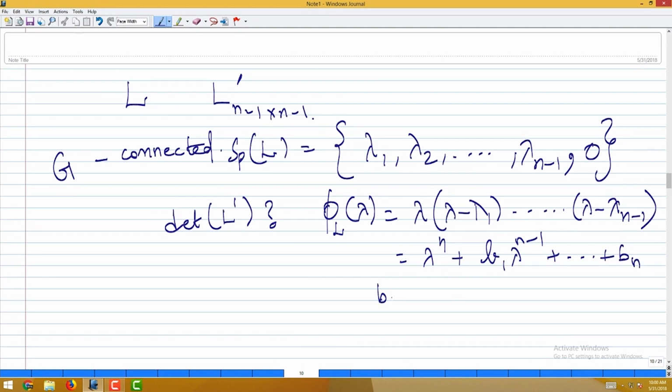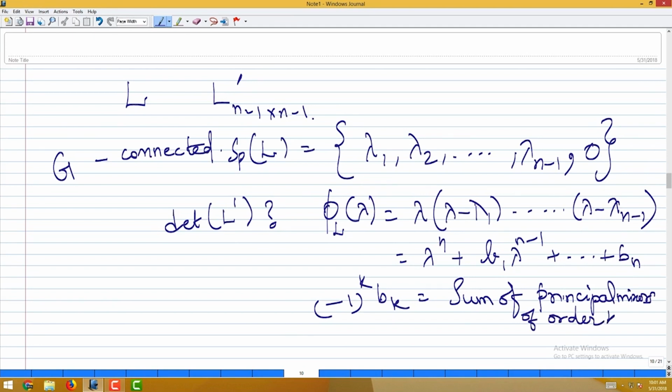then I know my b k is nothing but minus 1 to the power of k, sum of principal minors of order k. Now what are we looking for?